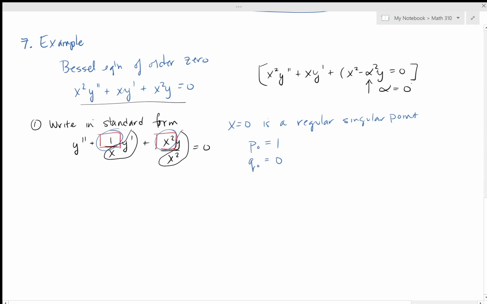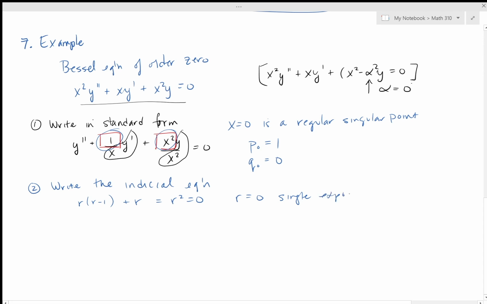That then allows me to write the indicial equation. It looks like this: r times (r minus 1) plus r, and that's equal to r squared, and that's equal to 0. And that means r equals 0 is the single exponent on my Frobenius series.